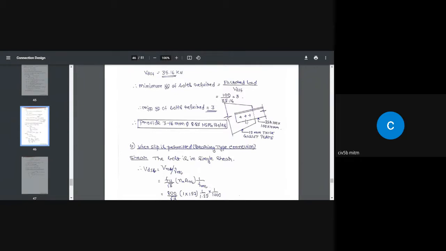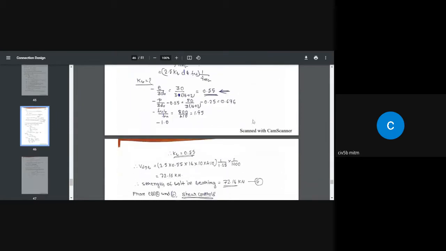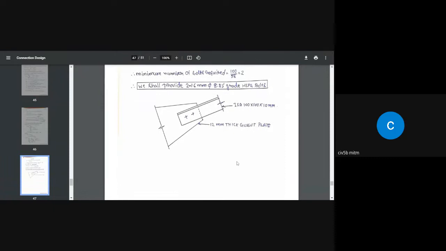If it is a friction type connection where no slip is permitted, you need 3 bolts. So if at any point slip happens here, we are safe because we have already provided 3 bolts. But whenever slip happens, we know we need only 2 bolts. So that way we are safe.